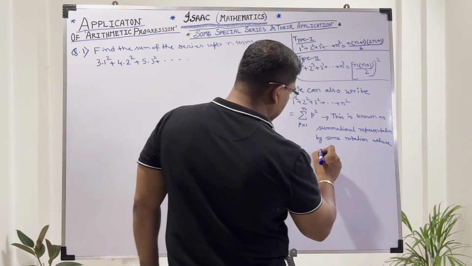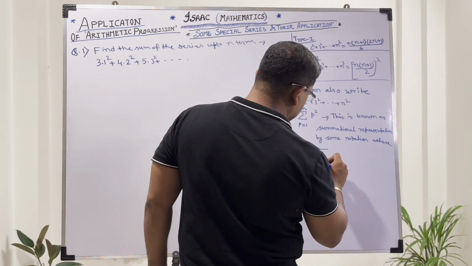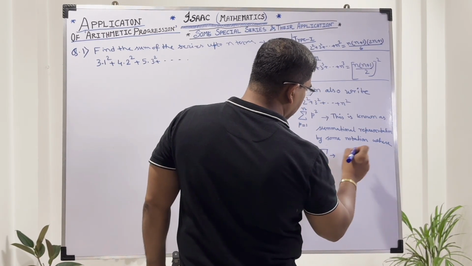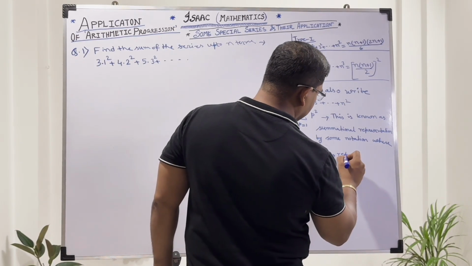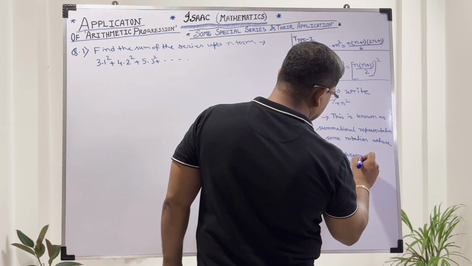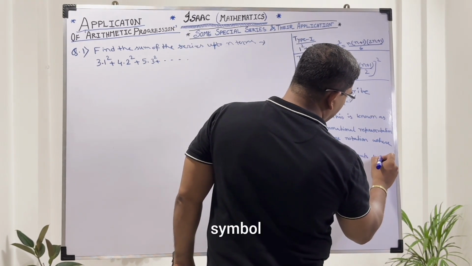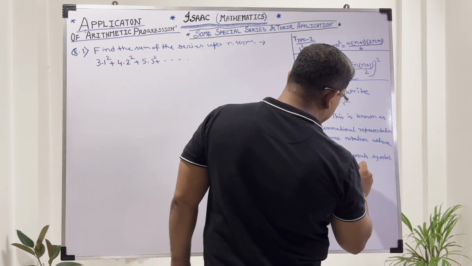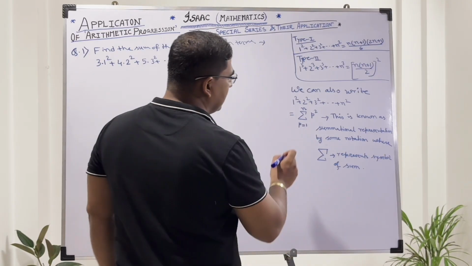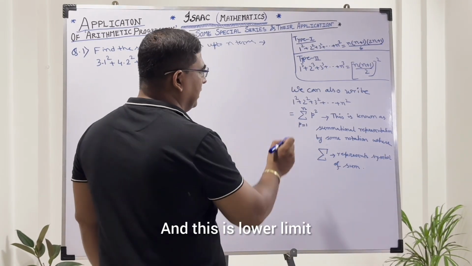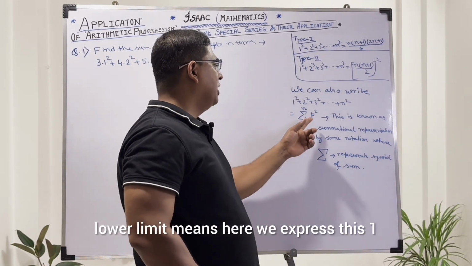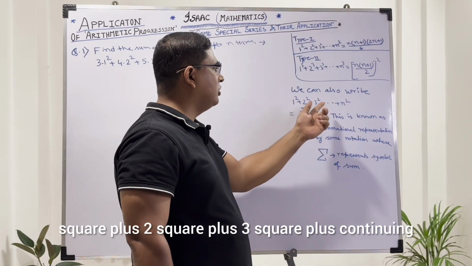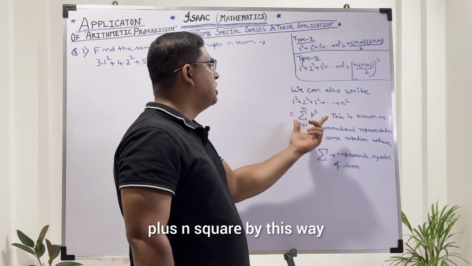Where this represents the symbol of sum. Okay, and this is the lower limit. Lower limit means here we express 1 square plus 2 square plus 3 square plus continuing up to n square by this way.